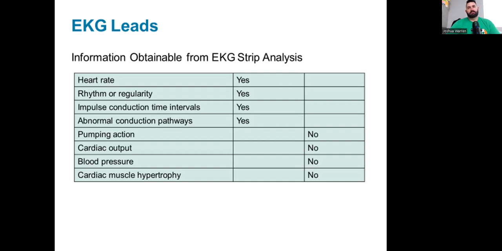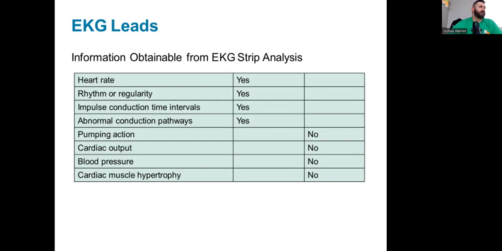Blood pressure is what? Okay. Amount of blood being forced out of the left ventricle, the pressure exerted against the arterial walls, and cardiac muscle hypertrophy. We can, to a degree, tell if somebody has some cardiac hypertrophy, left ventricular hypertrophy to be exact.